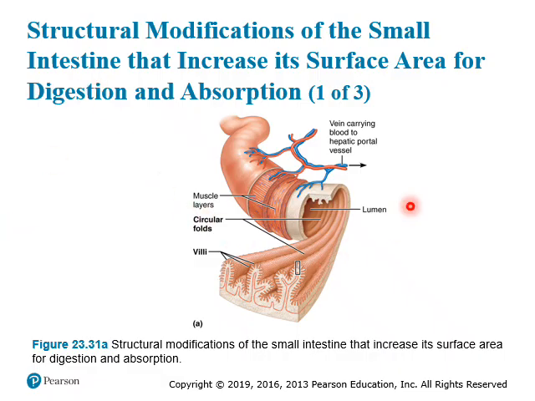Here, what is actually shown are structural modifications of the small intestine that will increase its surface area for digestion and absorption. See, the small intestine, like your stomach, is actually drawn into folds, which are called rugae.